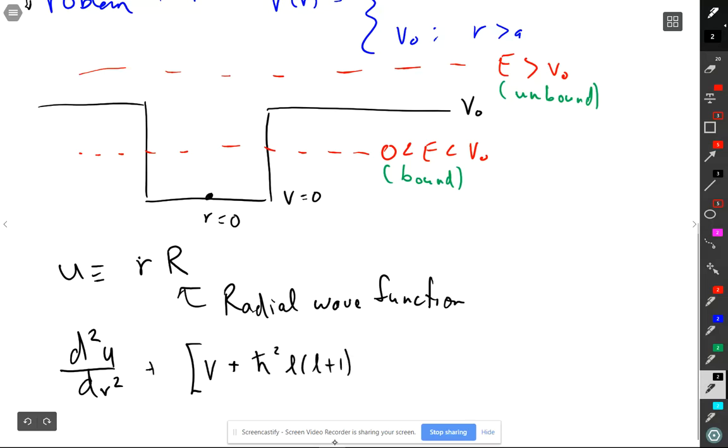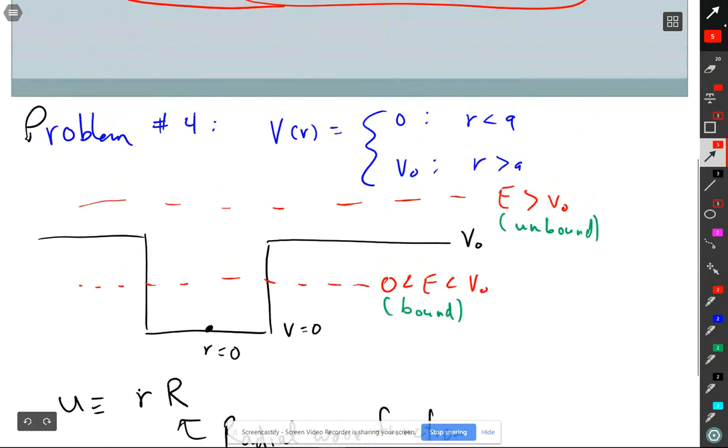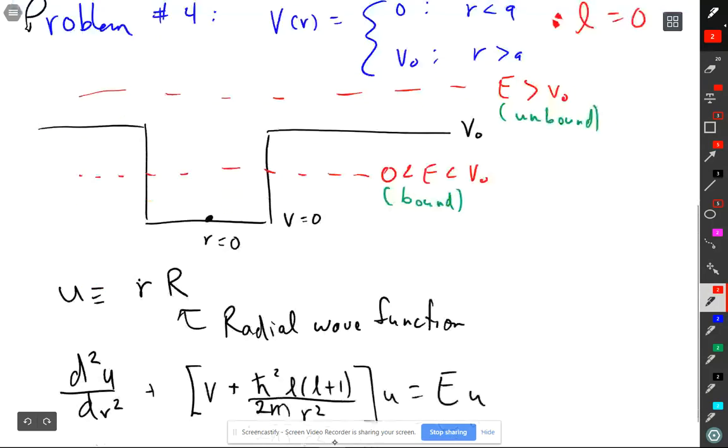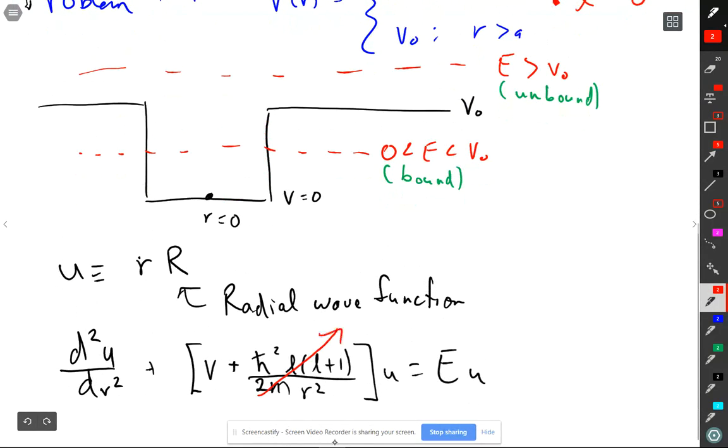If you do have this memorized, well, you have too much time on your hands. So we have this Schrodinger equation for U. And then the problem simplifies things by saying L equals 0. So if L equals 0, this whole term just goes to 0.